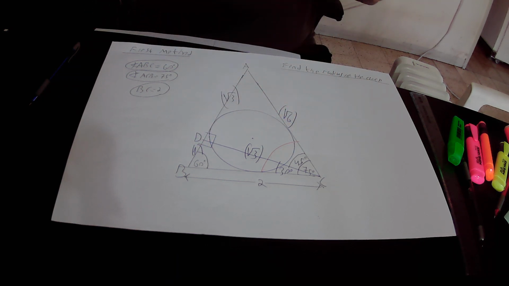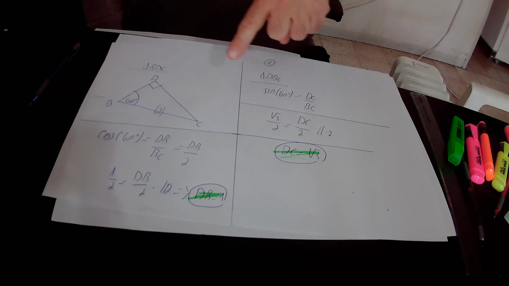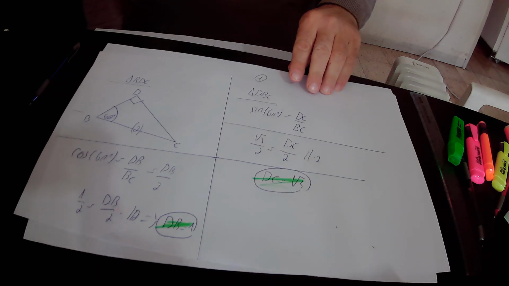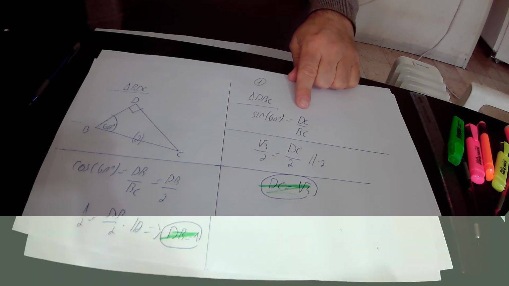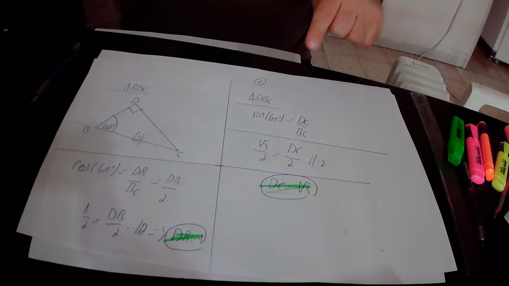We continue to focus on the right triangle DBC. In the right triangle DBC, sine of 60 degrees equals DC over BC. Sine of 60 degrees is equal to square root of 3 over 2.